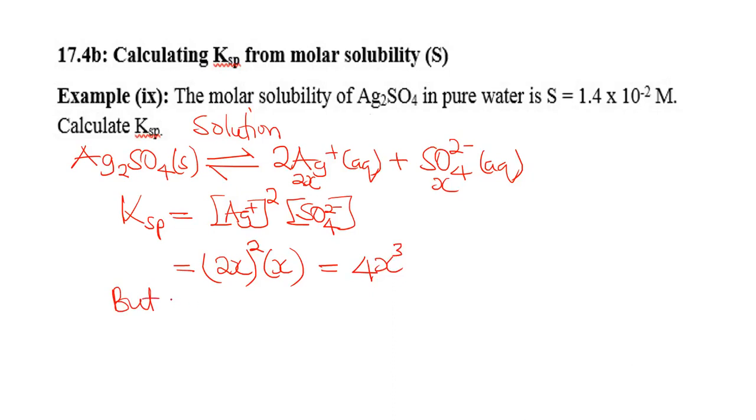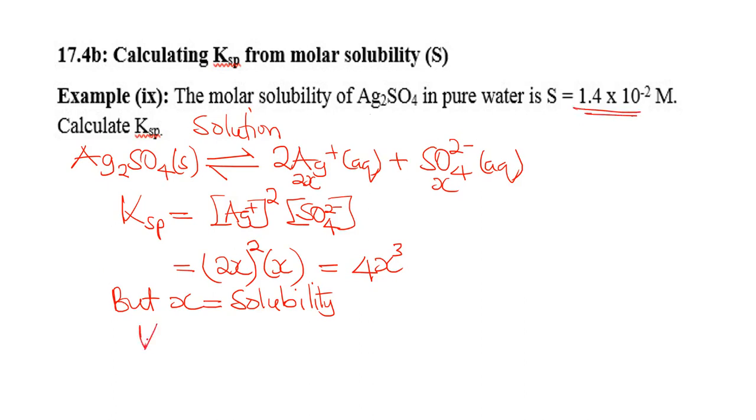But x is equal to solubility. So x is the solubility of a substance. So what it means is wherever there is x, you need to replace it by the solubility that we are given here.